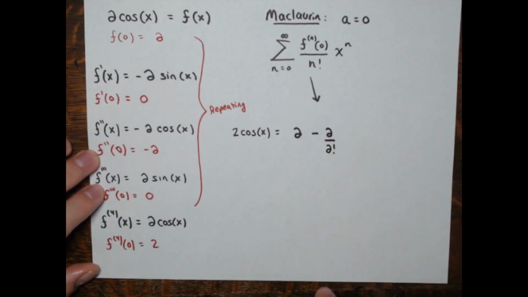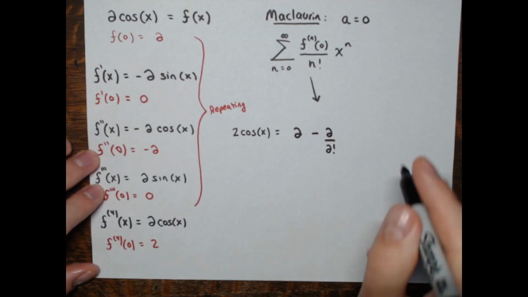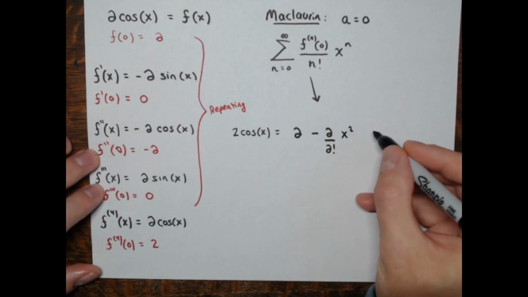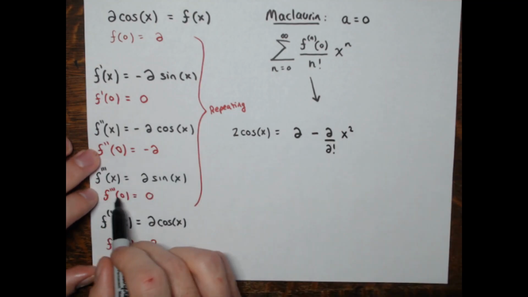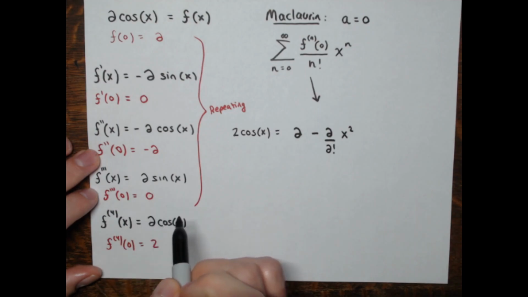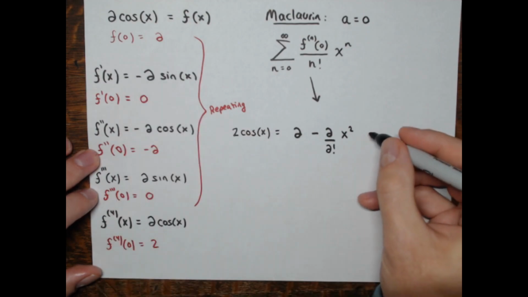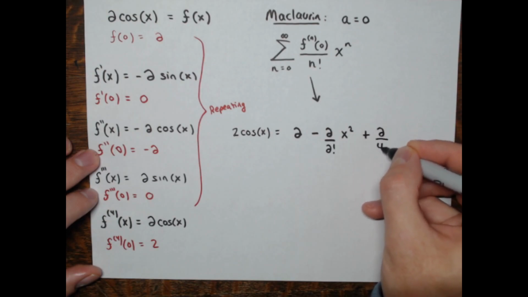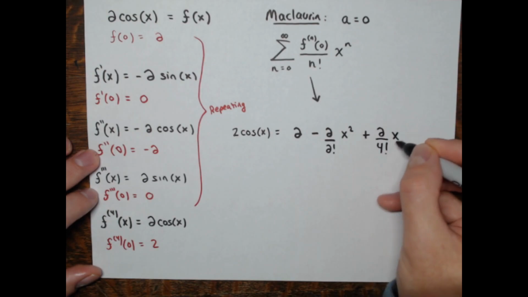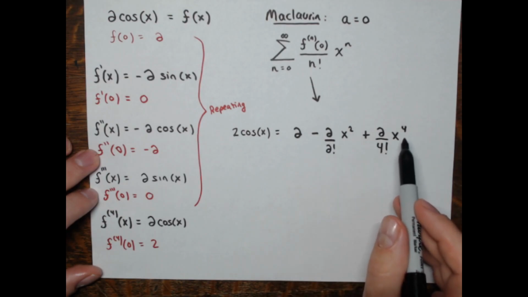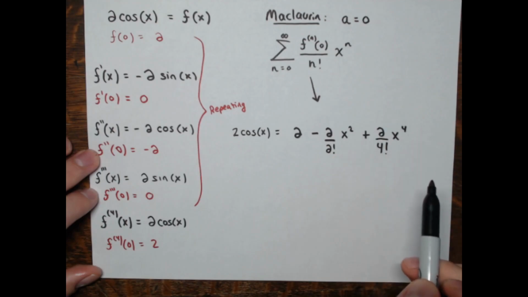Because we're trying to find a general version of this, right? Times x squared. And then plus, no x to the third power, right? The third one is 0. And then we start over. So plus 2 over 4 factorial for the x to the fourth term. And then I keep repeating this with all the even powers.